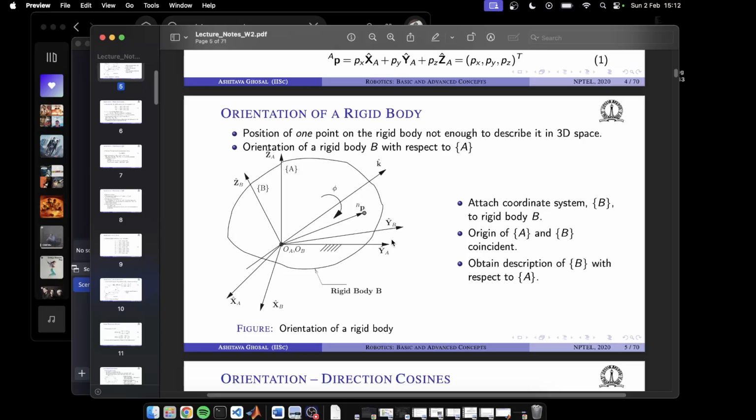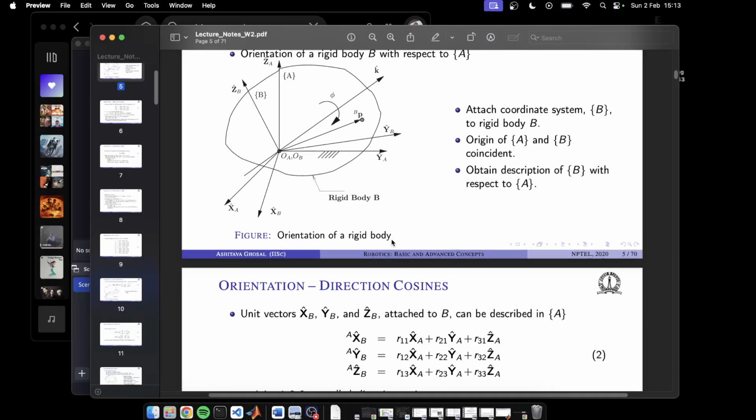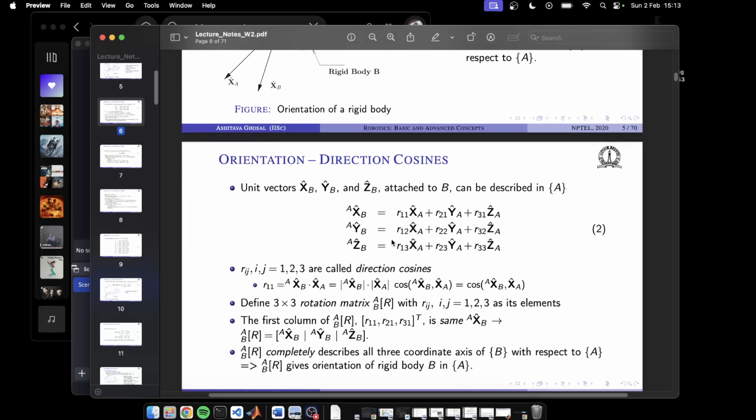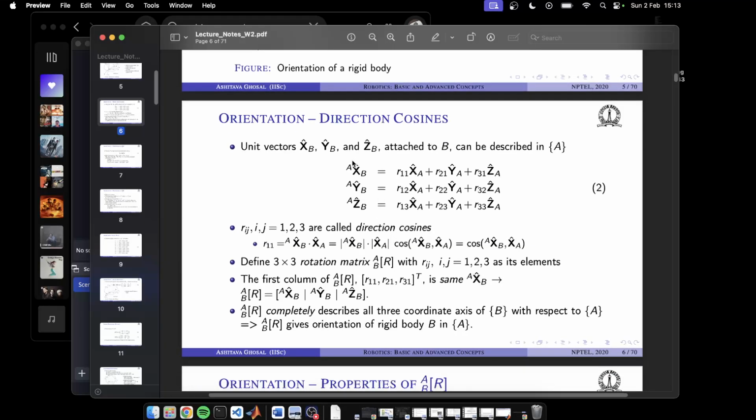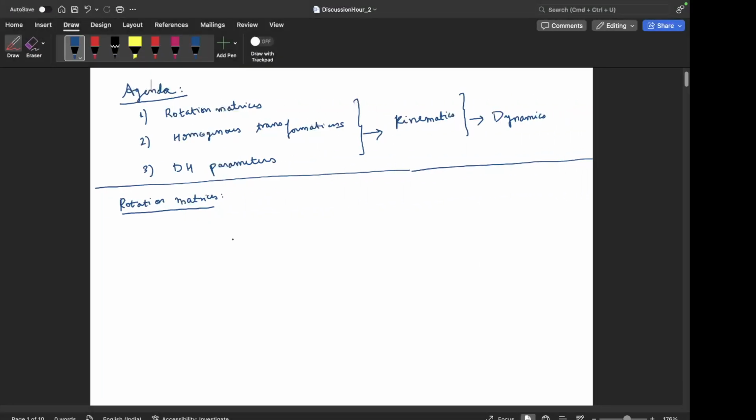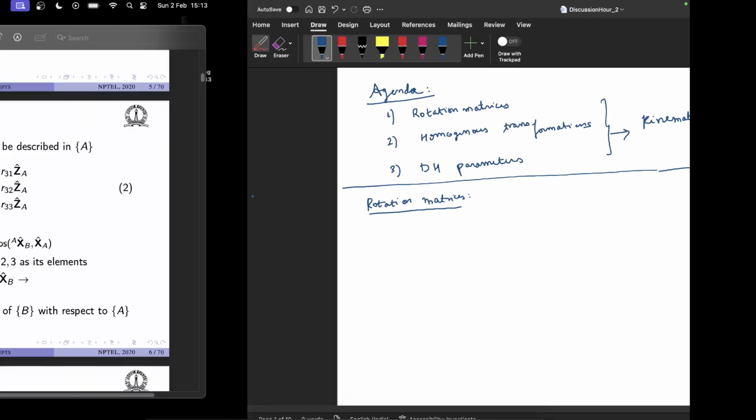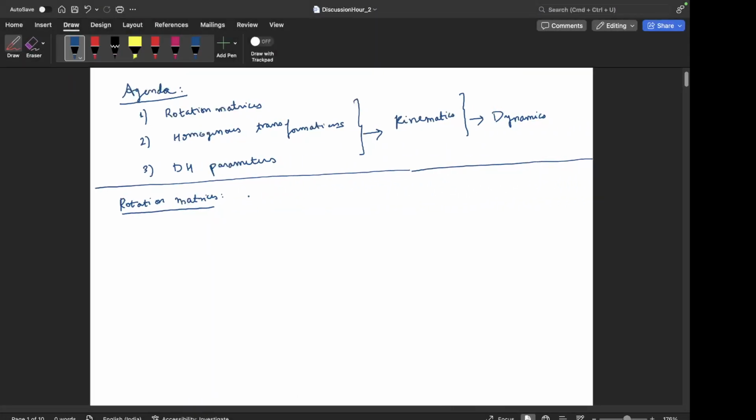Right. Now, what we want to achieve here is that we want to obtain a description of frame B with respect to frame A. Right. So that is our goal. How we proceed to do that is by first describing the unit vectors, that is the vector along each of the three axes of frame B, that is xb hat, yb hat, and zb hat, in terms of unit vectors of frame A. Right, so let me just rewrite the same thing here, and I will follow the same notation.